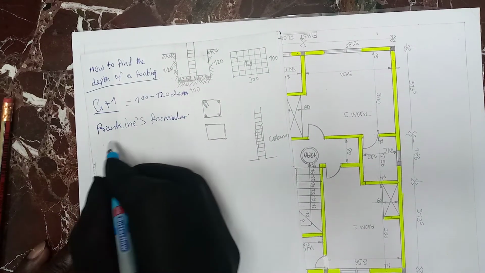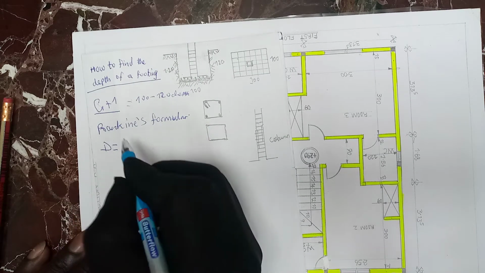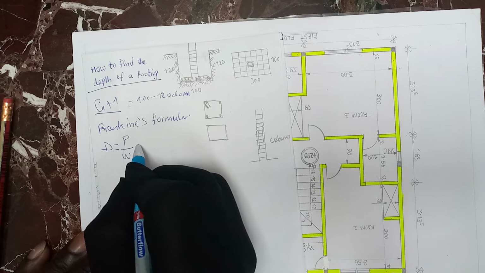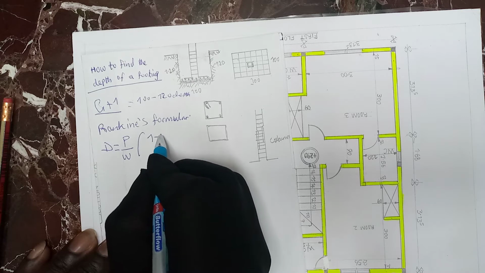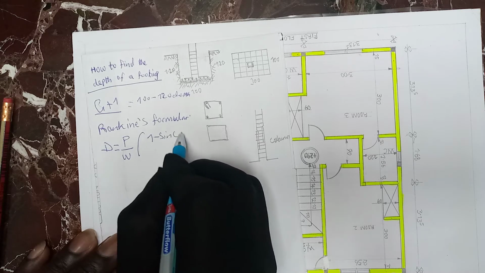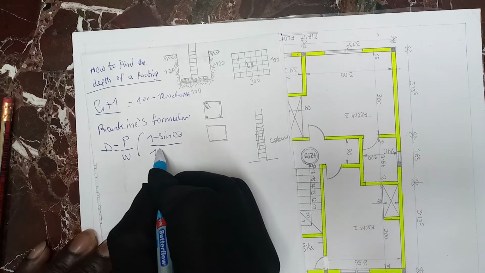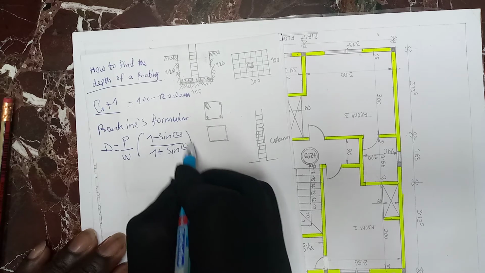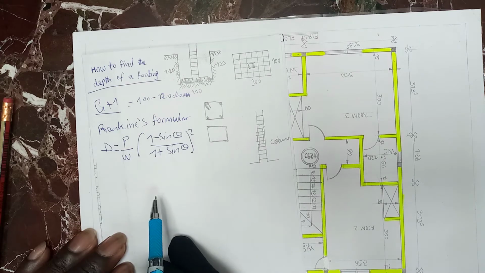The formula is D equals P over W, in bracket 1 minus sine theta, divided by 1 plus sine theta, all squared. This is the formula to find the depth of a foundation.